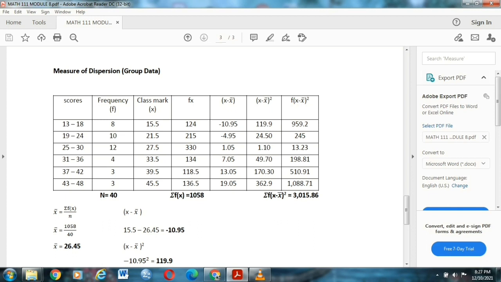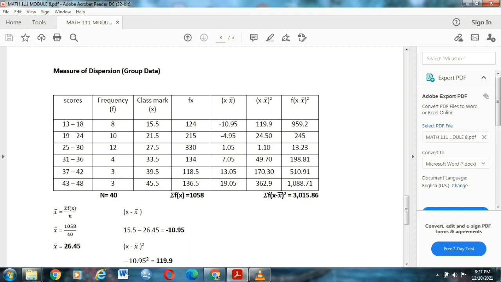Okay, so, next, nakuha natin yung square niya. Kunin naman natin yung product ng frequency at ng etong x minus x bar squared.